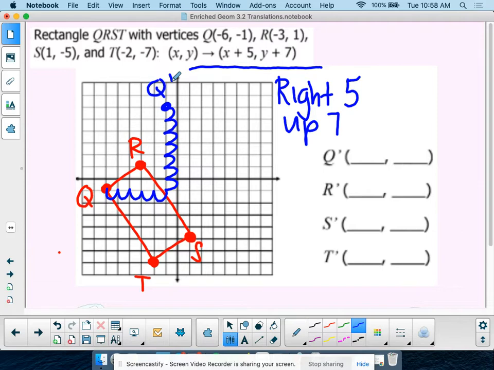You're going to go right 5, up 7. Now you can label your ordered pairs.